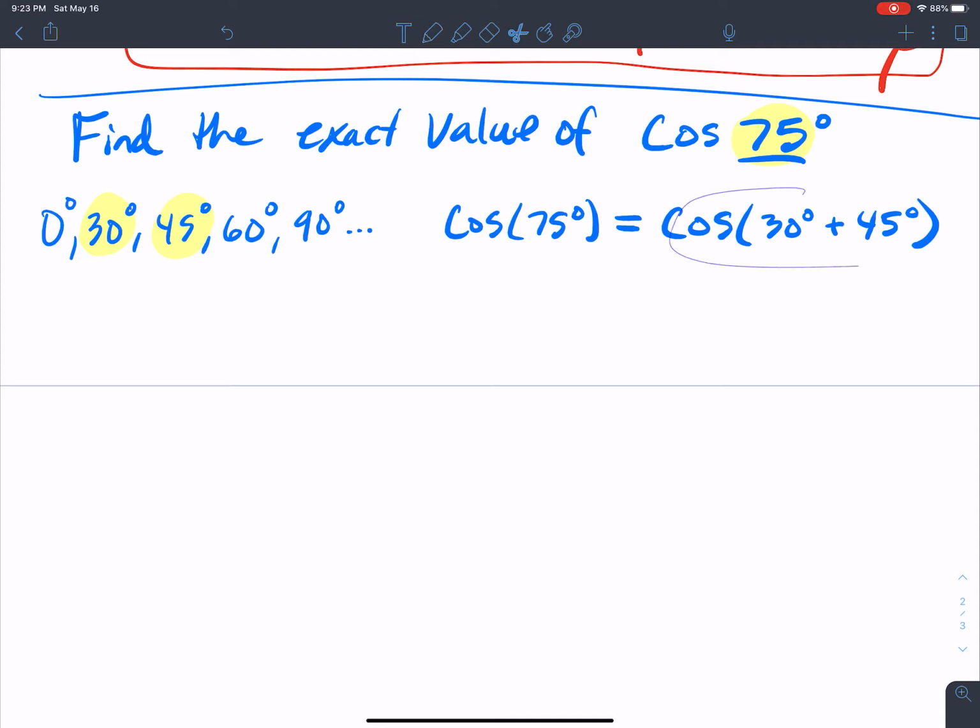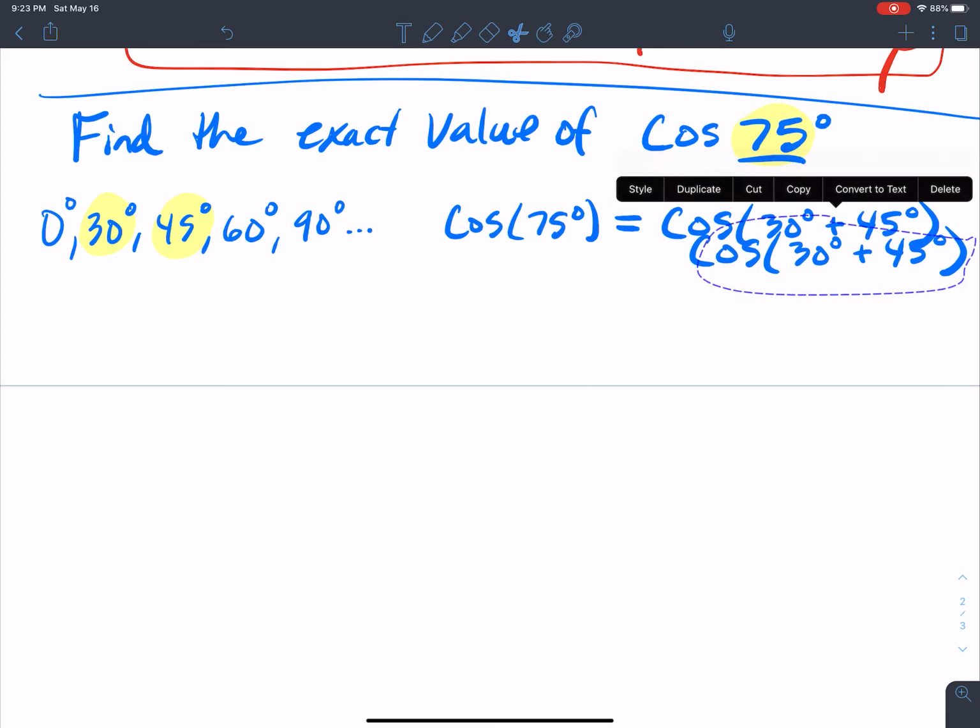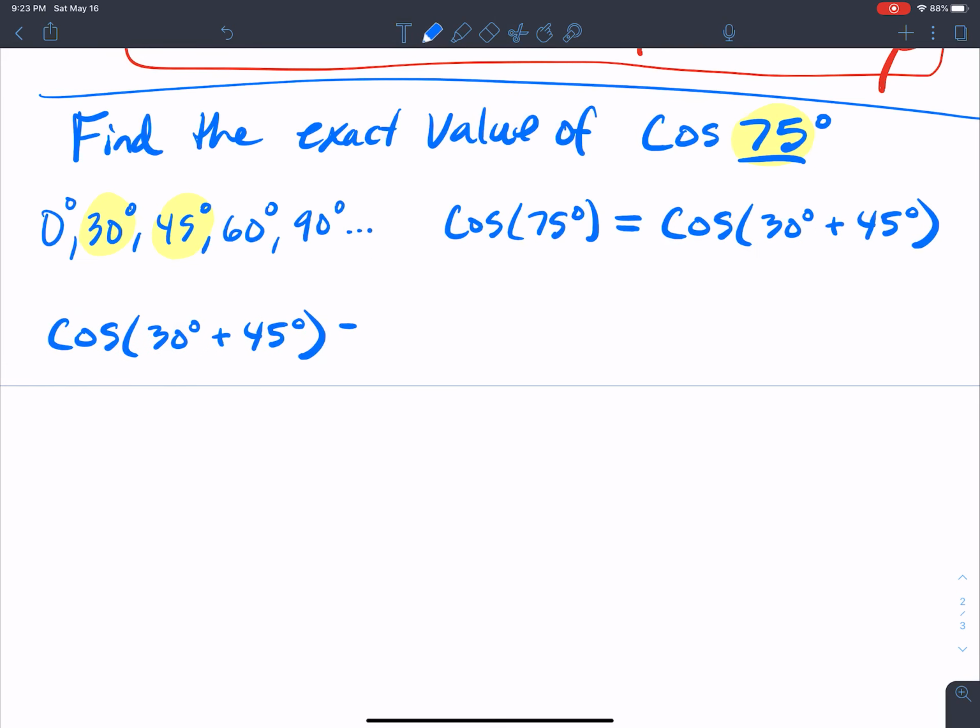That tells me that the cosine of 75 degrees is equal to the cosine of 30 degrees times the cosine of 45 degrees minus the sine of 30 degrees times the sine of 45 degrees.